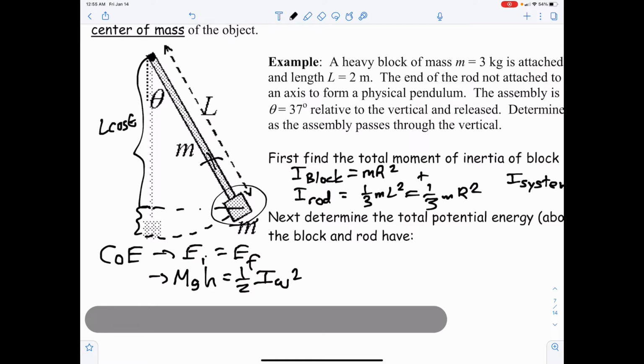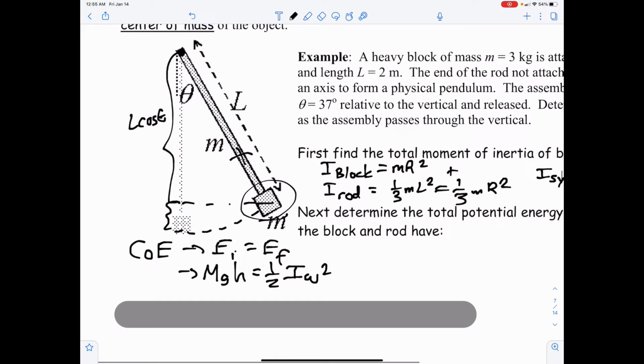So the height is equal to L minus L cosine theta. And we're going to need that. Or I'll factor out an L, and the height is equal to L times the quantity 1 minus cosine theta. So we'll need that.